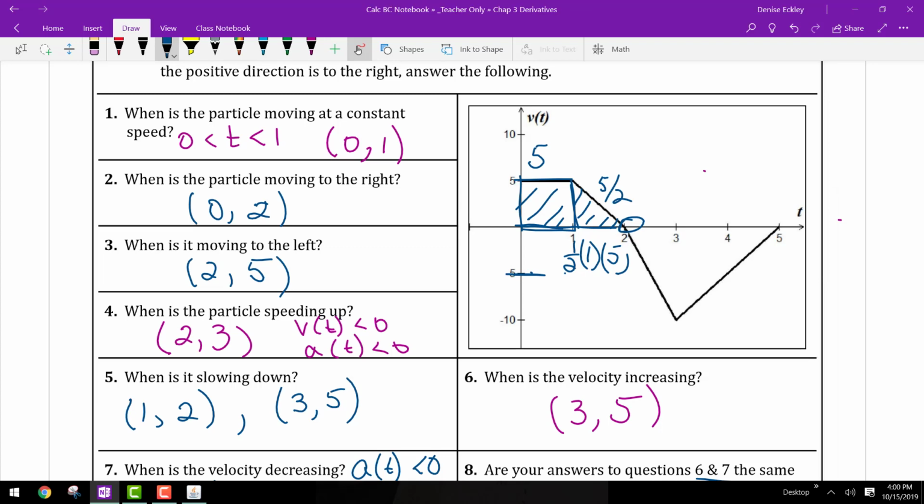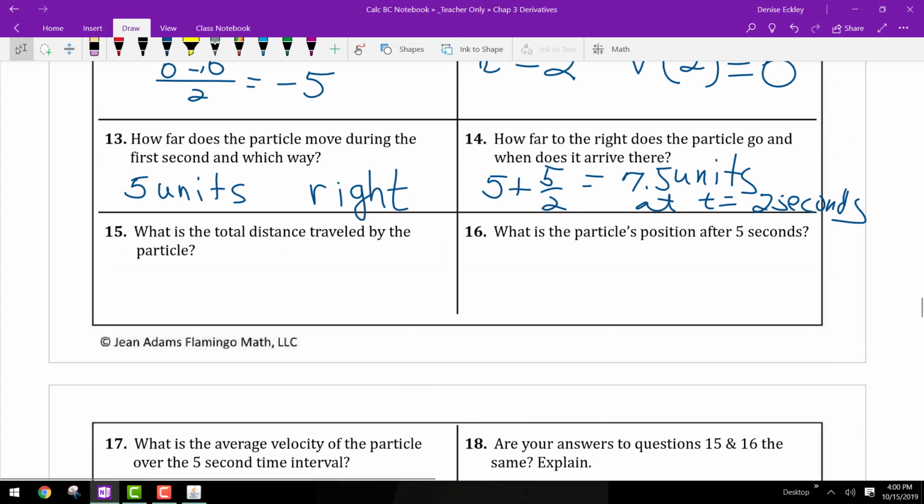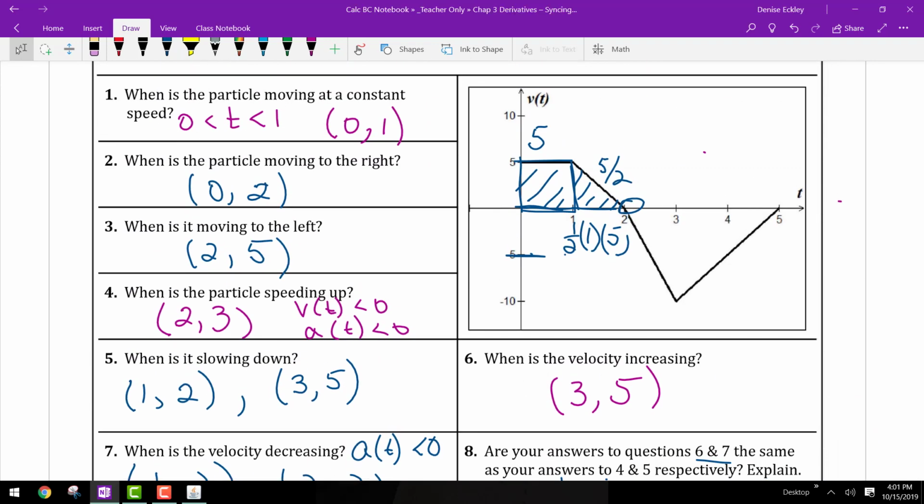Okay, 2 more questions. So the next 2 say, what is the total distance traveled by the particle, and then what's the particle's position after 5 seconds? So the total distance traveled by the particle is going to include the positive direction, which we already have. So we know it's already traveled 7.5 units, and then we have to look at the negative distances traveled. So we look at the triangle here from 2 to 5 seconds.